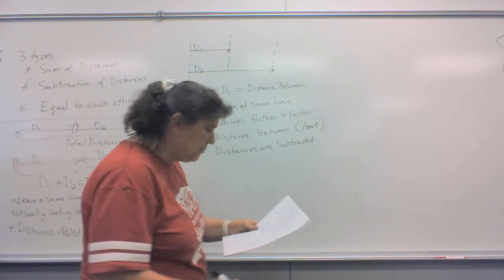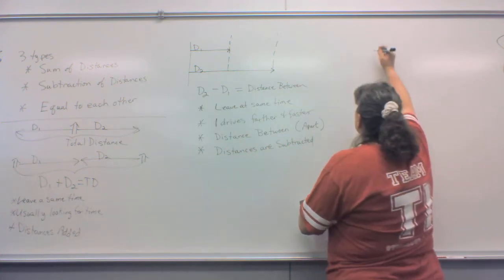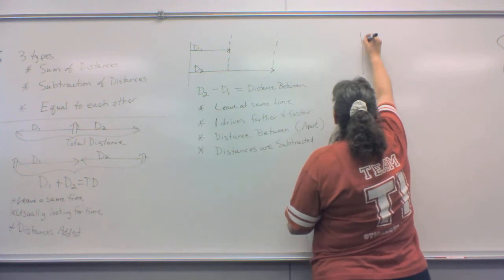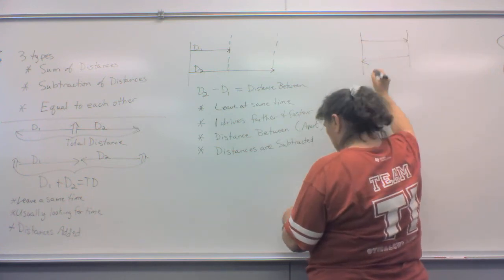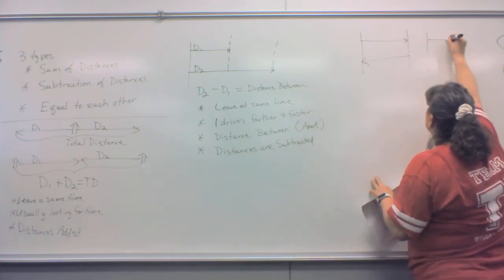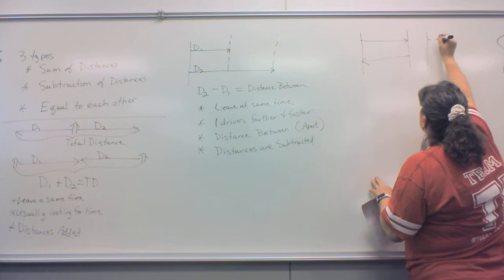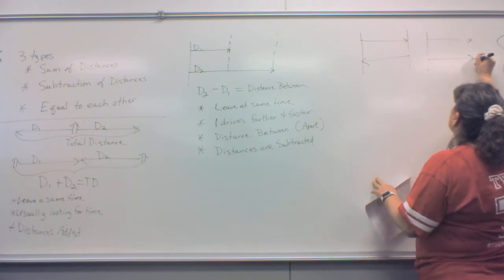Okay, type 3. In this one, either you have somebody going and coming back, or you might have one person leaving and the other person leaving later and catching them.